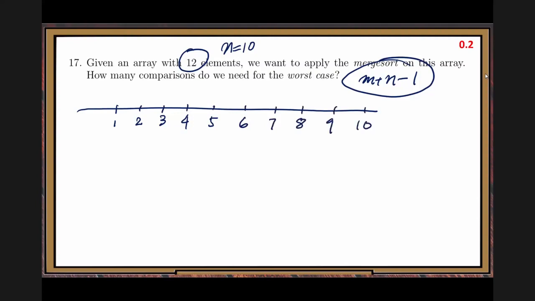The first split here, round 1 split. Second here, round 2 split. Third, round 3 split, round 3 split.